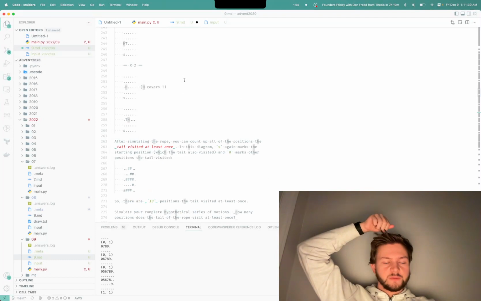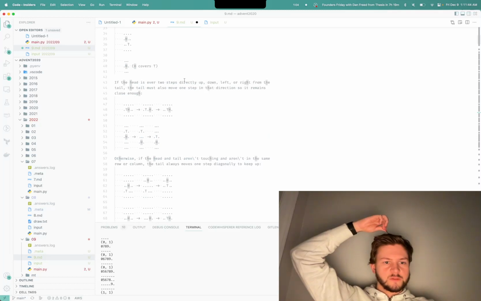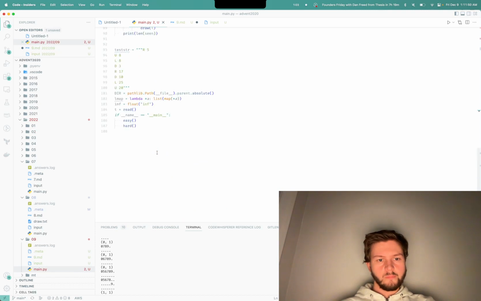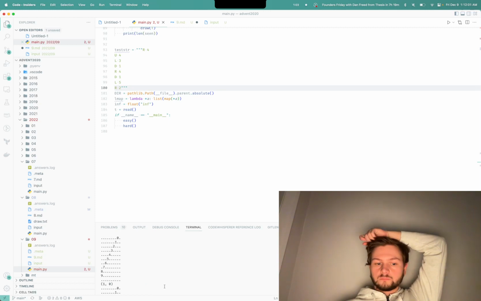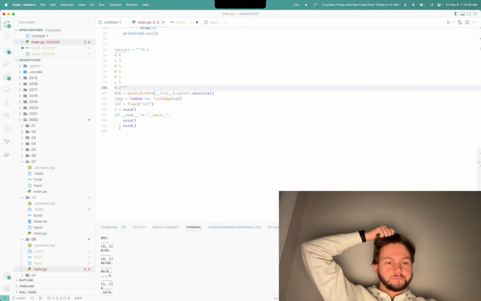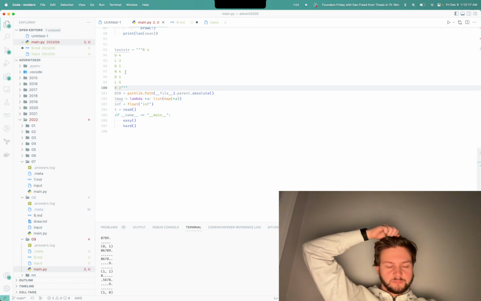Wait. Which input are we using? Let's use this input. Okay, so it will move to the right, to the right, to the right, and then one down. And then another one down.